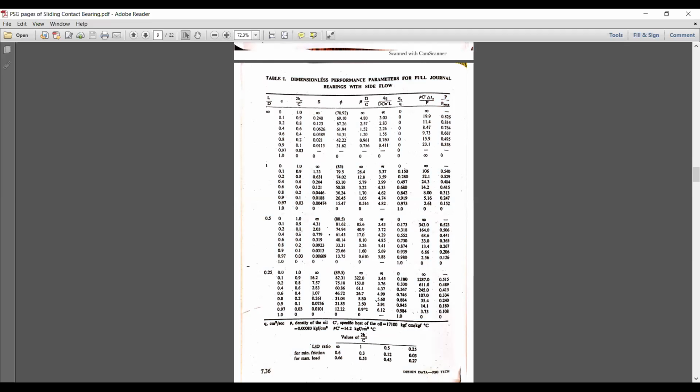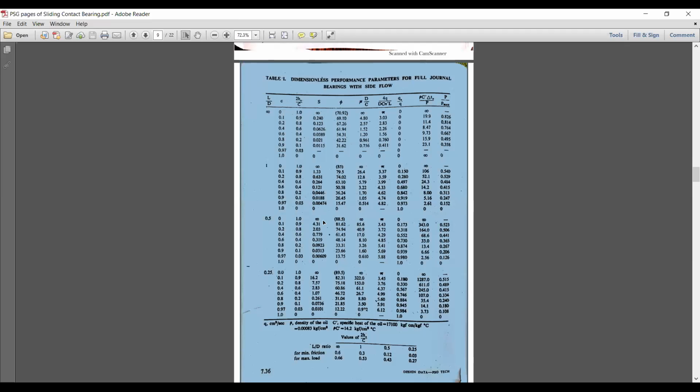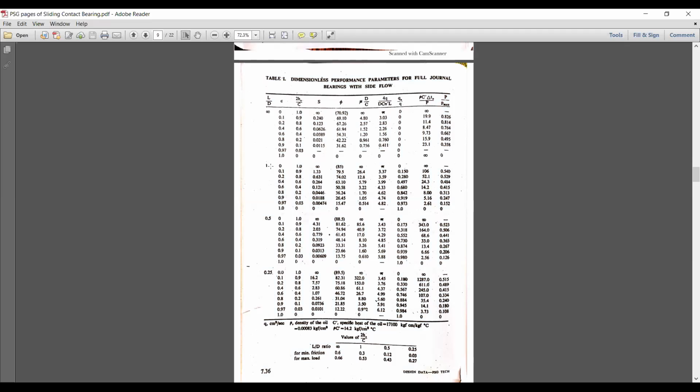We have an L by D ratio of 1, and the calculated Sommerfeld number is 1.33. Now, if the L by D ratio is 1, consider this one. If it is a half, consider this one. If it is 0.25, consider this one. If it is infinity, that is more than 1, you can also refer to this segment.